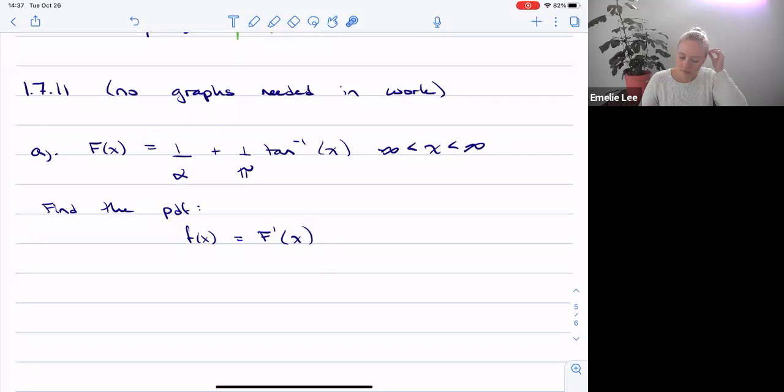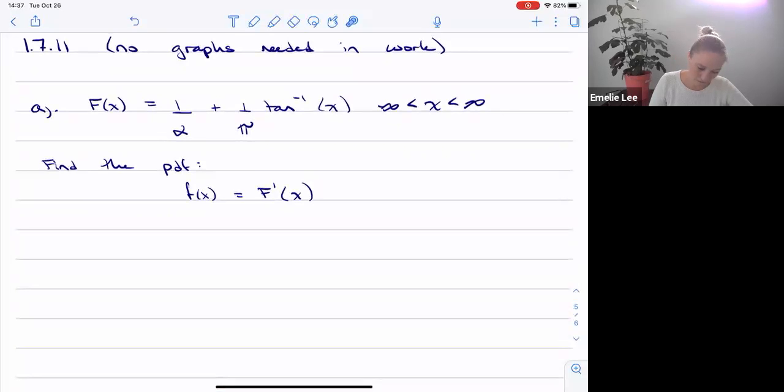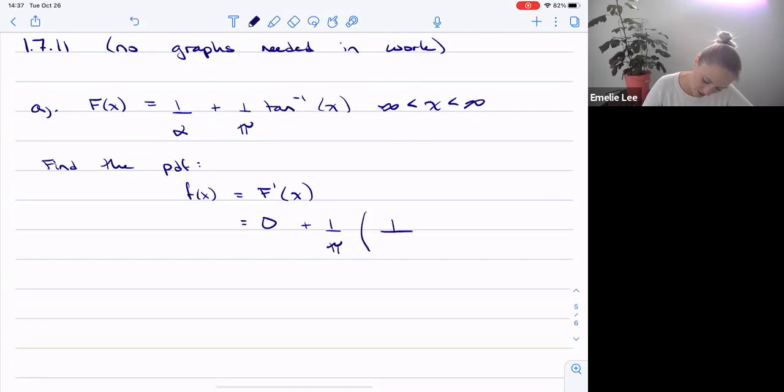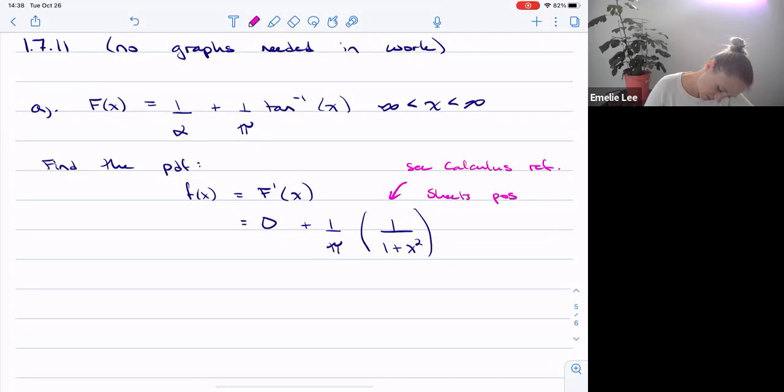Okay. So the derivative of this thing, well, we get 0 plus 1 over pi times the derivative. X is really only showing up here in the inverse tan. So the derivative of the inverse tan is 1 over 1 plus x squared. See calculus reference sheets posted on Moodle.